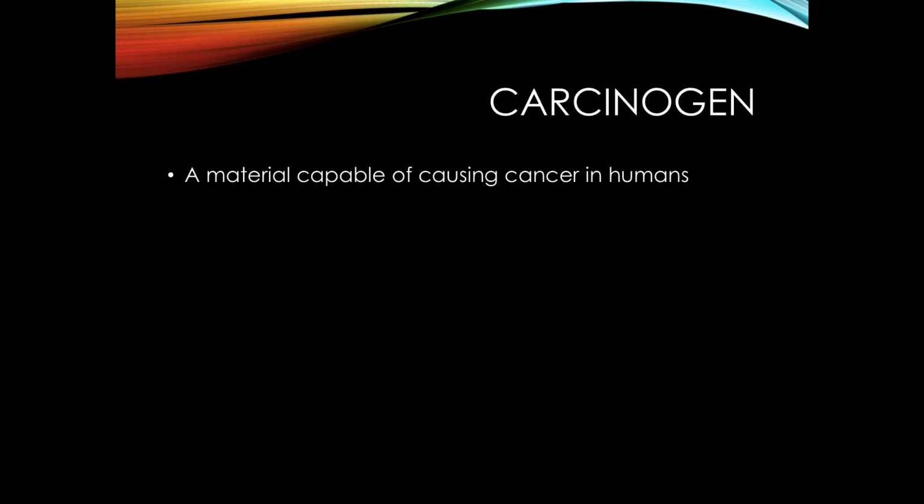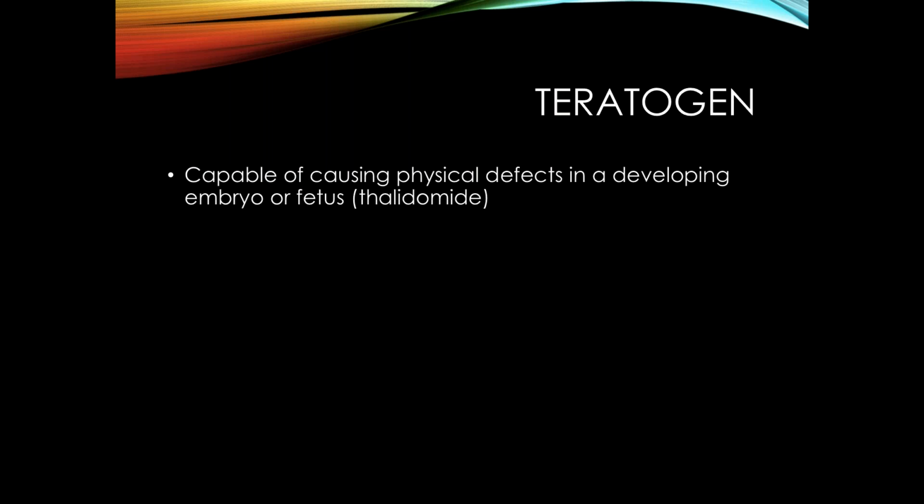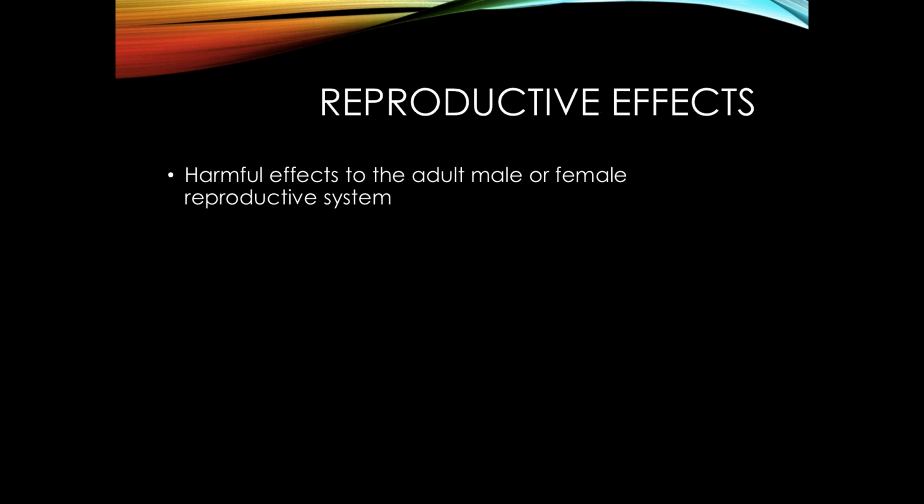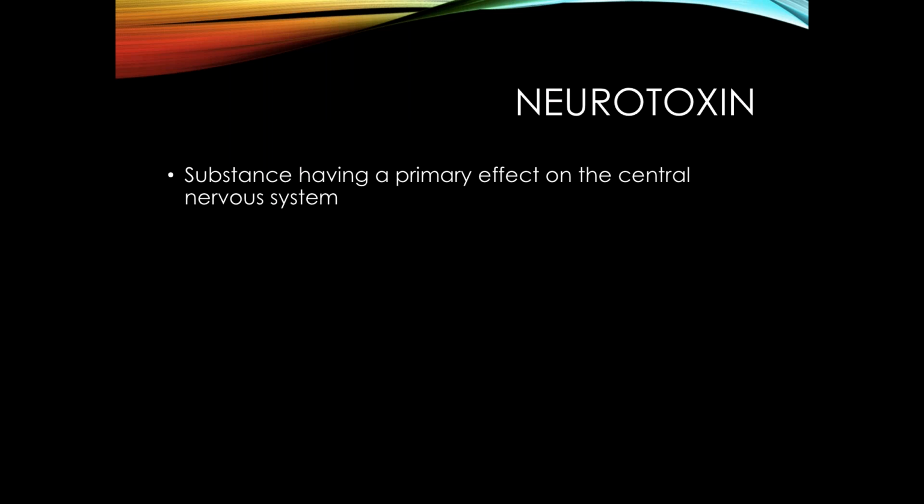A carcinogen is a material capable of causing cancer in humans. A teratogen is capable of causing physical defects in a developing embryo or fetus. Reproductive effects are harmful effects to the adult male or female reproductive system. Neurotoxins are substances that have a primary effect on the central nervous system, like ricin.